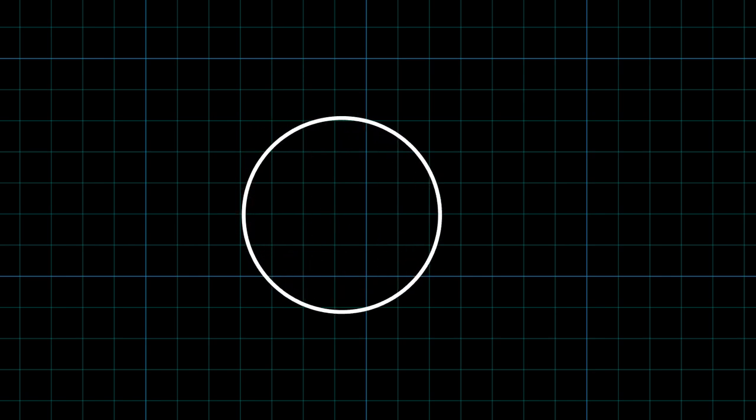So first of all, let me grab a circle. There is a circle over here, and let me draw 2 lines. I need some straight line segments, something like this, and another one like this. And let me draw a green line connecting these two.